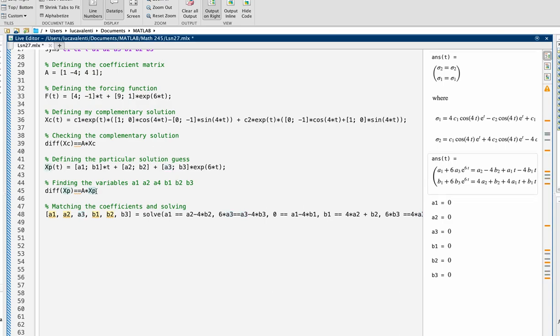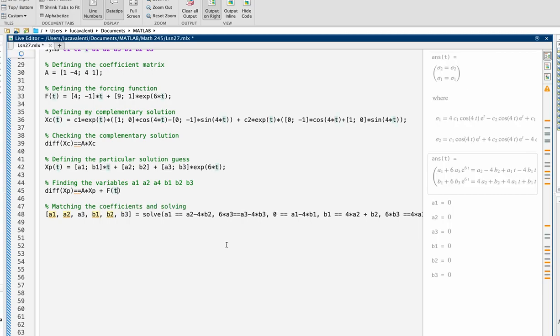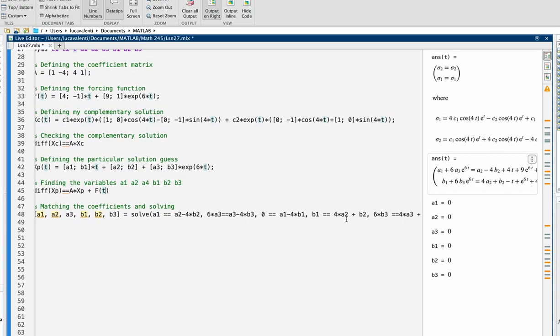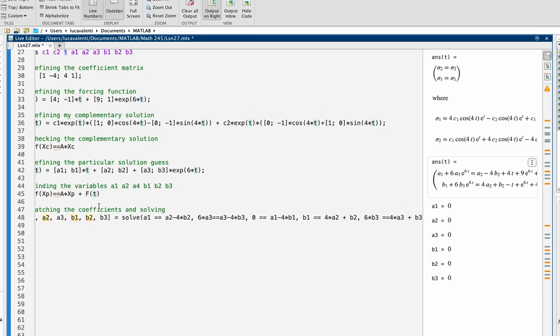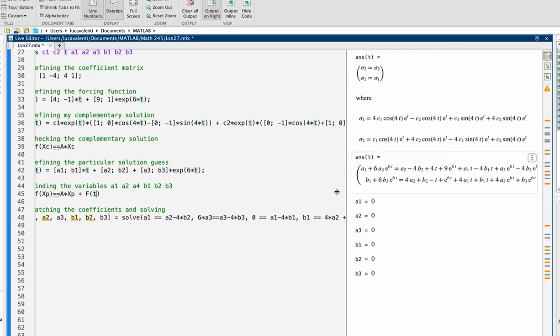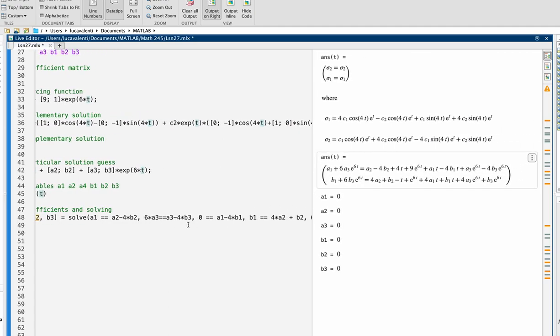Yes, right here. You see how I didn't put the f of t? That's where the mistake is, because we're solving now for the non-homogeneous case. But that still doesn't solve it, because this came without that observation. So now we have to rewrite these equations.